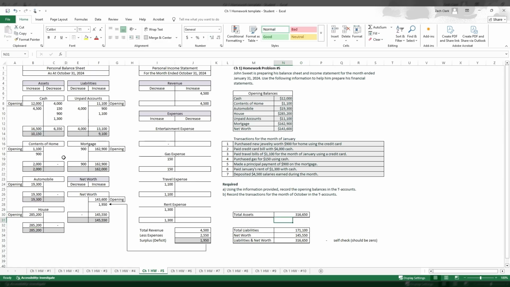Similarly with liabilities, it's adding the ending balances of liabilities, and net worth just comes from here. We increased net worth by $1,950 because our revenues of $4,500 exceeded our expenses of $2,550 by that amount.